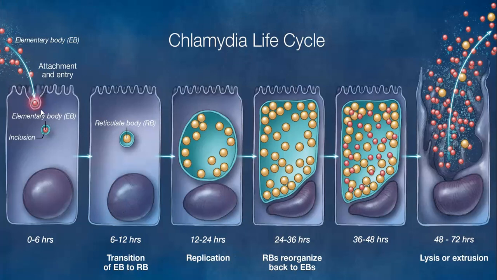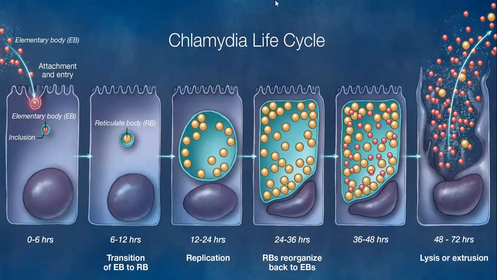Inside the endosome, the elementary body transforms into a reticulate body, and the reticulate body starts to reproduce itself. Multiplication, and this intracellular form is a mechanism of chronic infection, of persistence, because antibiotics and antibodies can't act on this form.